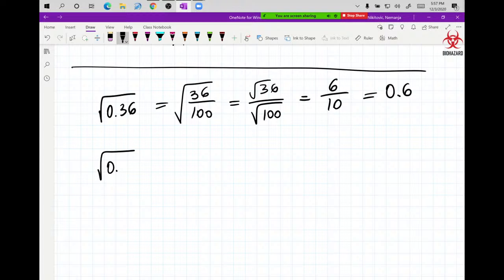So how about the 0.81? How would you solve this problem? And don't be shy.